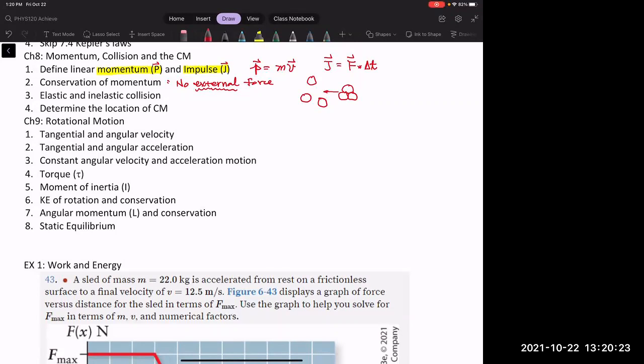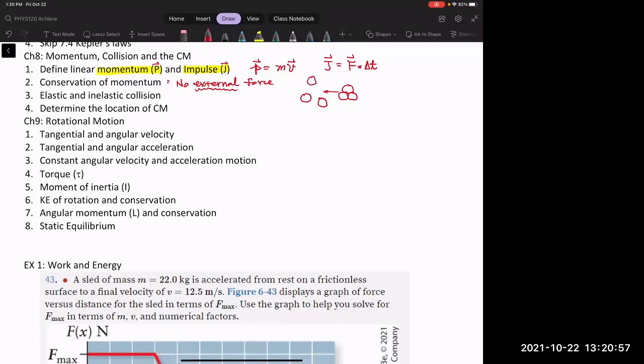It doesn't come from something hitting these objects. So that internal force would not change the conservation of momentum. No matter what kind of explosion it is, it is not counted as an external force. So momentum will always be conserved.